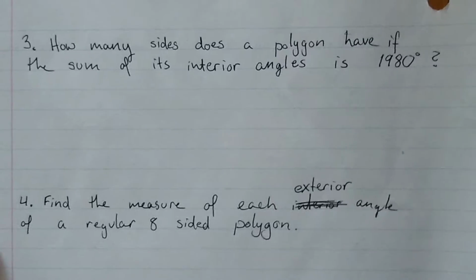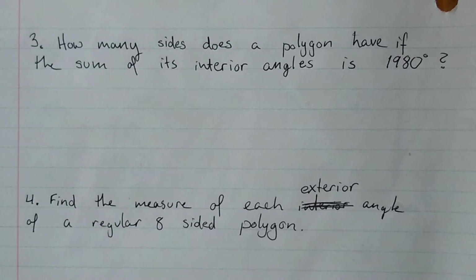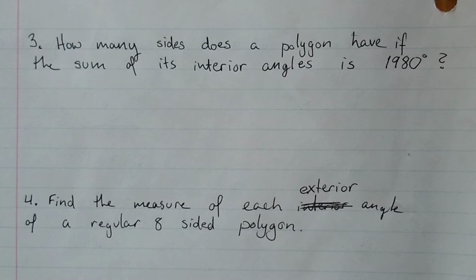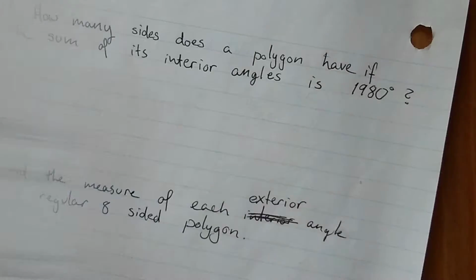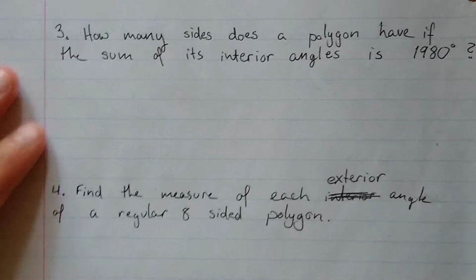Okay, now here we have how many sides does a polygon have if the sum of its interior angles is 1980. So sum of interior angles, if we check back here, is 180 times n minus 2. So that's the formula we're using.